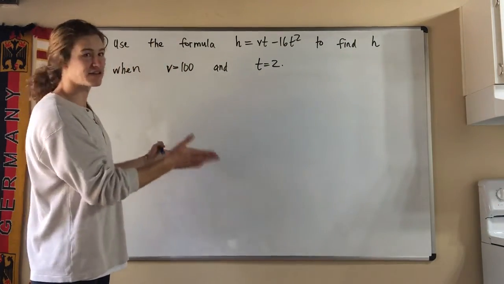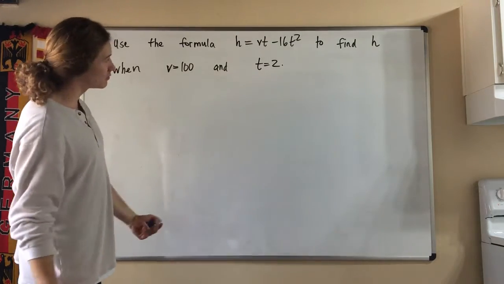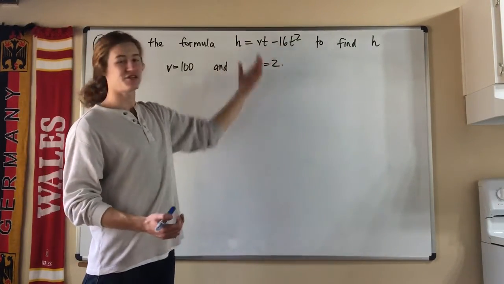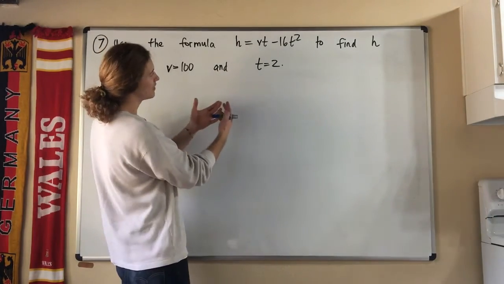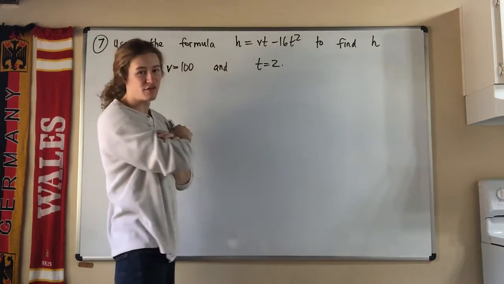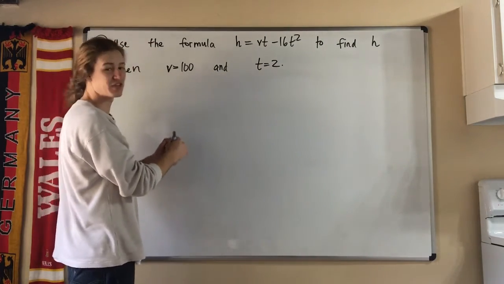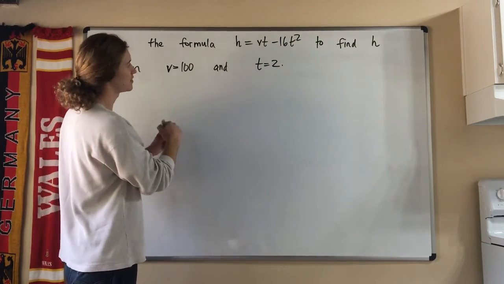We didn't need to know all that to solve this problem though. To solve this problem, all we actually need to do is plug v equals 100 in and t equals 2 and solve for h. And what's super cool about this problem is the equation is actually already solved for h. So it's really just a numerical simplification problem, if you will. Either way, let's start to plug in these numbers.